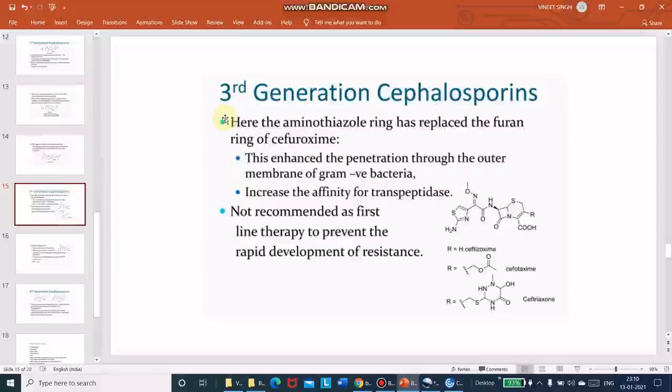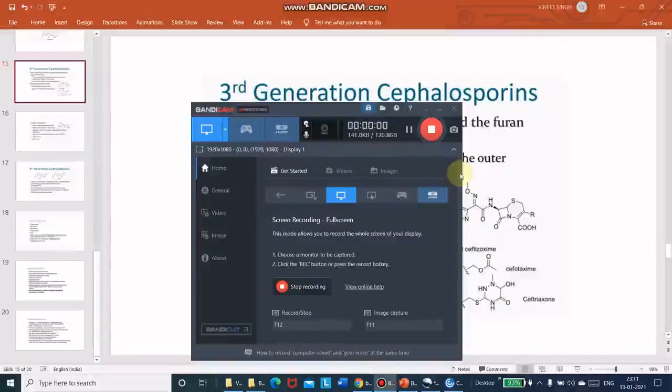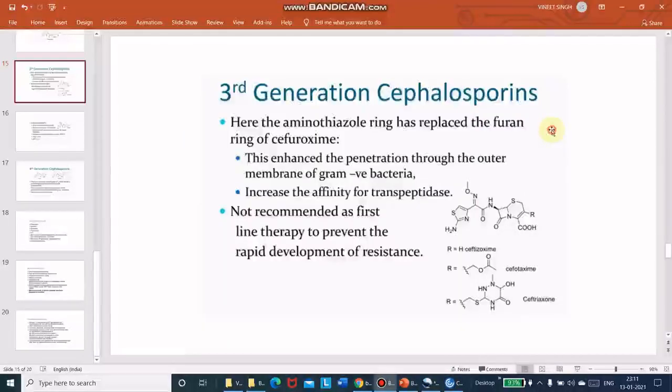And third generation cephalosporins. Third generation cephalosporins like... so. This is third generation. Here the aminothiazole ring has replaced the furan ring.